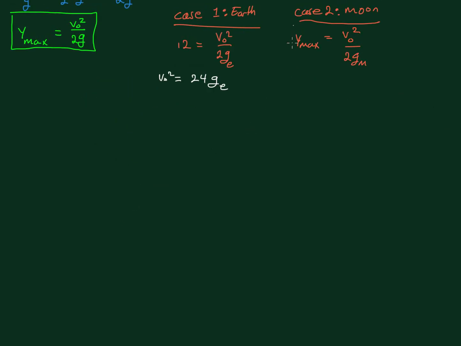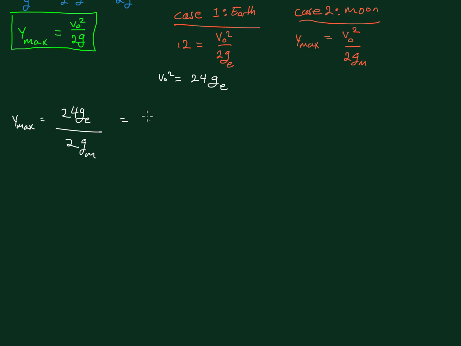So if we consider the second case here, then we can write y max is equal to v0 squared over 2 g of the moon, where v0 squared is just 24 g of the Earth. So 24 g of the Earth divided by 2 times the gravity of the moon. Okay? 24 over 2 gives you 12.